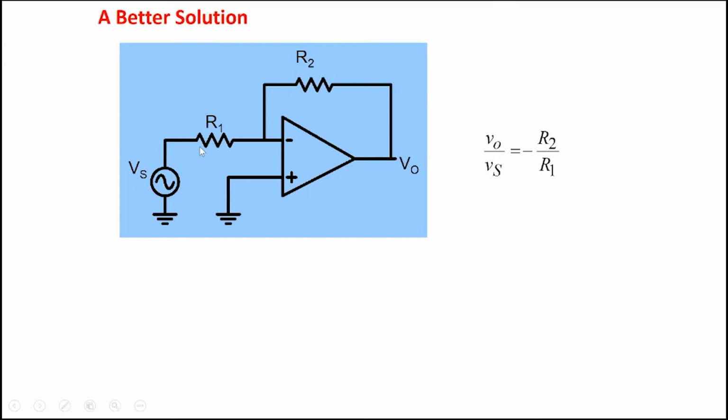Somebody wants a gain of 20. Well, you put here 20K and you put here 1K and you get a gain of 20. Somebody wants a gain of 5. Well, you can get any gain that you want by simply choosing this ratio appropriately. So the design of an amplifier becomes so simple.